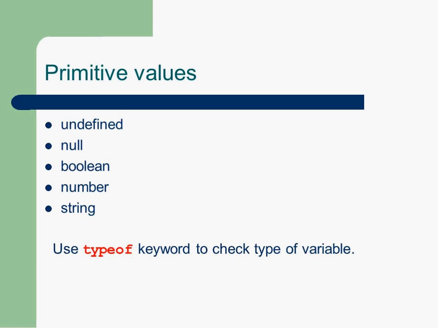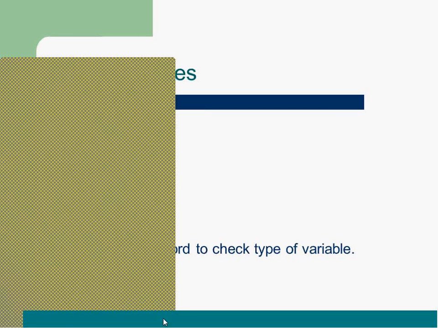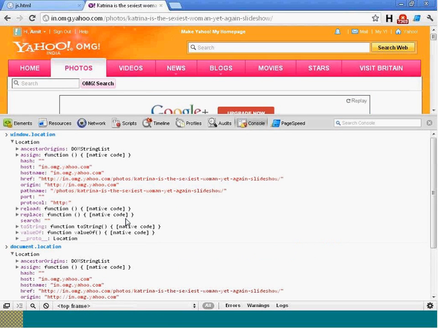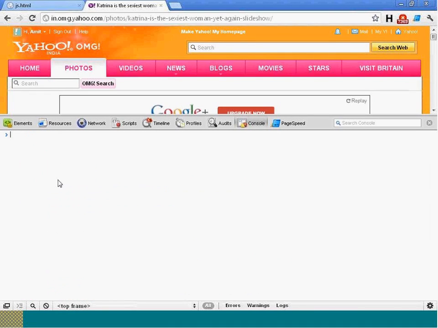Undefined is the value you get when you don't define a variable. Let's go back to this thing and try to print something, ABC.